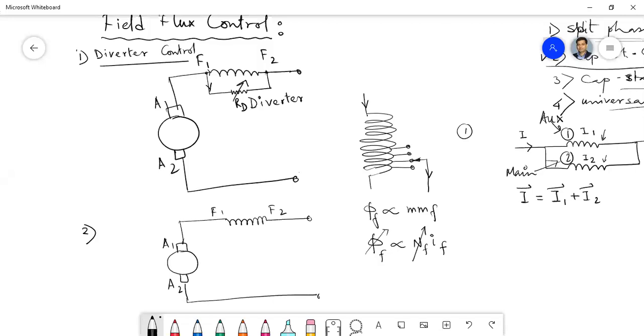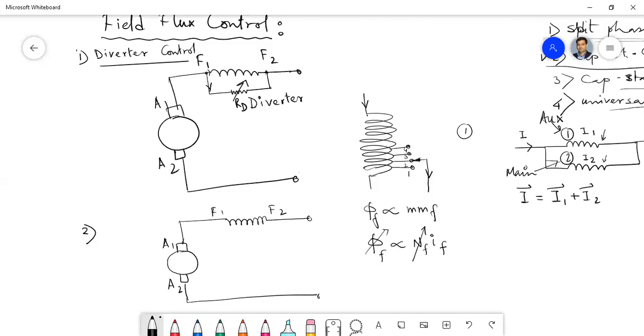Clear? So if this tap is under use, suppose this is 1, this is 2, this is 3, and this is 4. There are 4 taps. When you are using tap number 2, that means some part of the circuit is getting cut from this field circuit. Some of the turns are not in use if you tap at position 2.